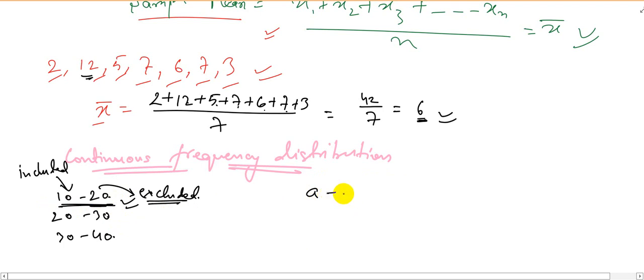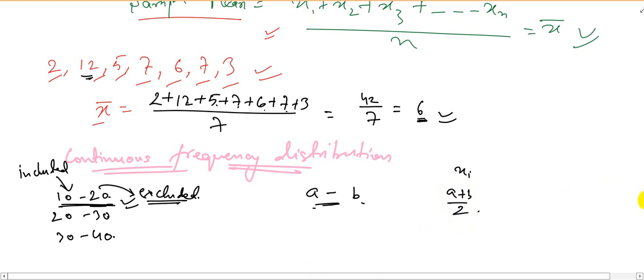So if there is a class from A to B, let us suppose, we define its midpoint, or we can say its class mark, which is denoted by xi for this class, and is nothing but the mean of these 2 points, A plus B by 2.